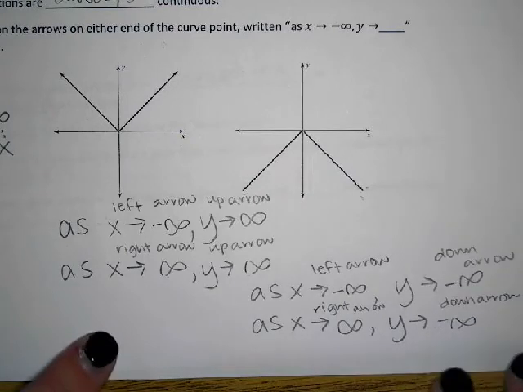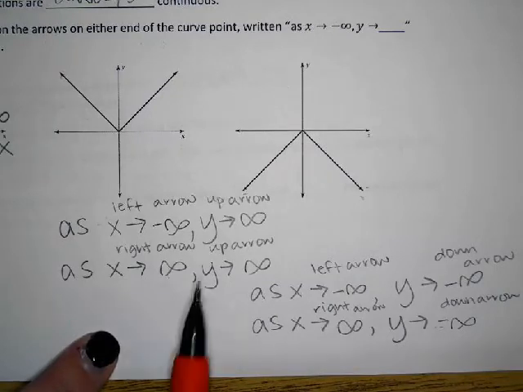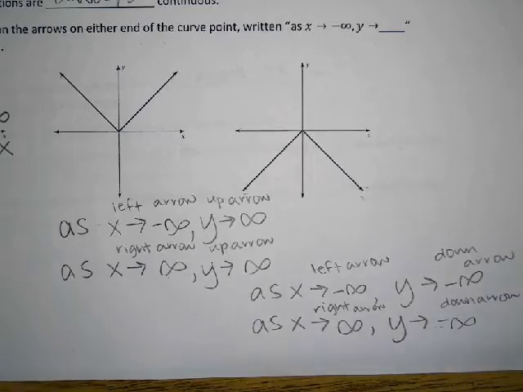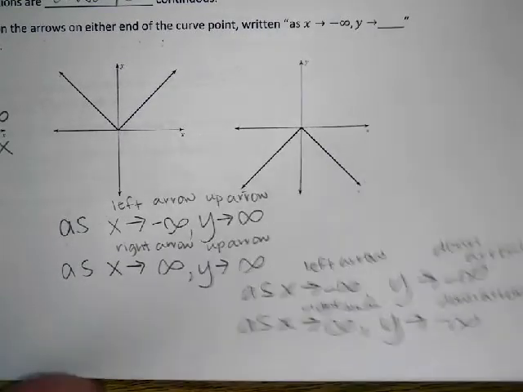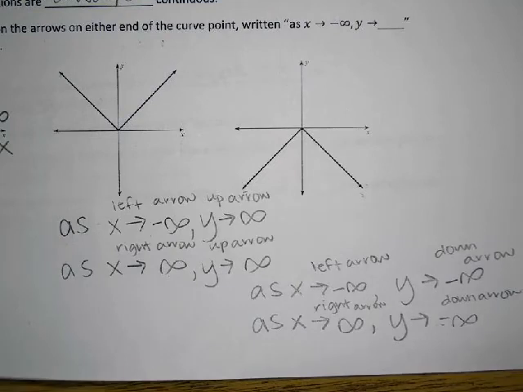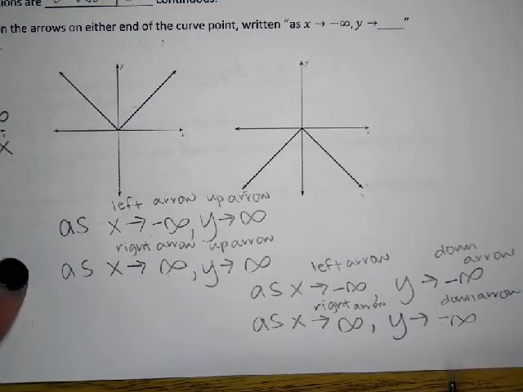Okay, now this part though, and like I said in the video from last night, all these notes seem like a lot for right now, but it's the same for every single unit. It's the same for absolute value. Then we're going to talk about quadratics. It's the same for quadratics. It's the same for cubics, cube root, square root, log functions, exponential functions, rational functions.